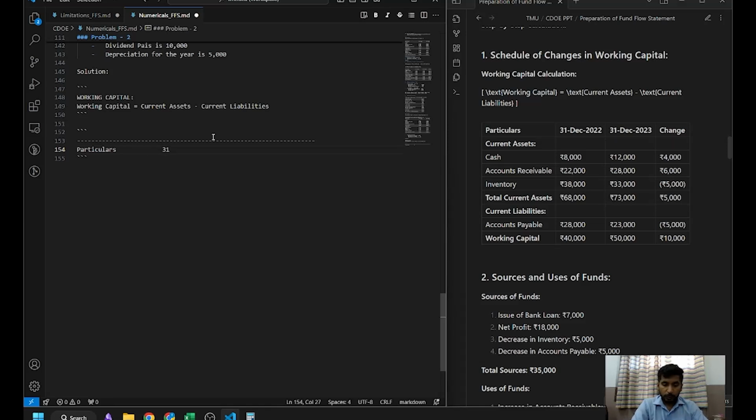This will be for the year 31/12/2022. This will be for the year 31/12/2023. And then we come to the changes.